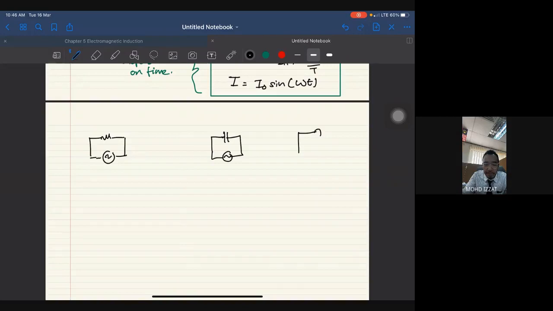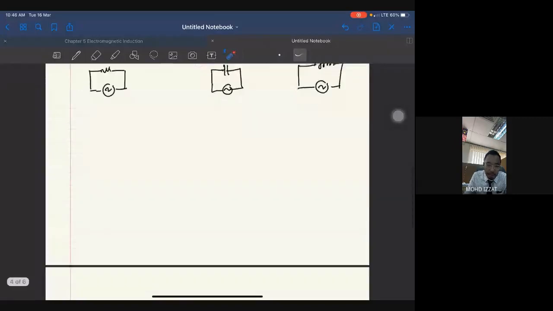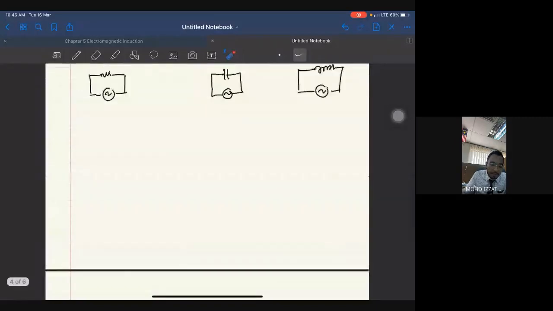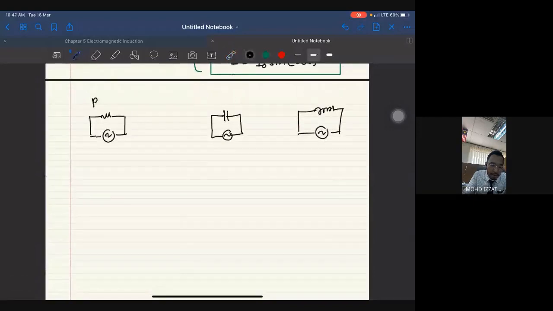Okay, that's the good news. Notice that I draw this one like a wave. That represents the alternating current power supply. So the first three here represent a pure R circuit.